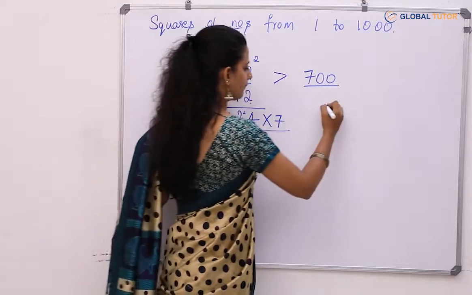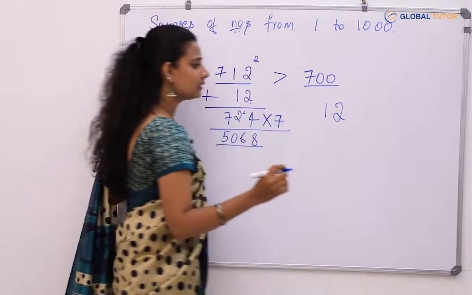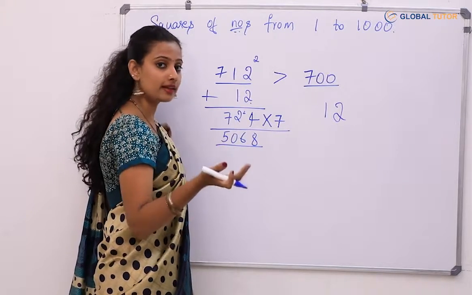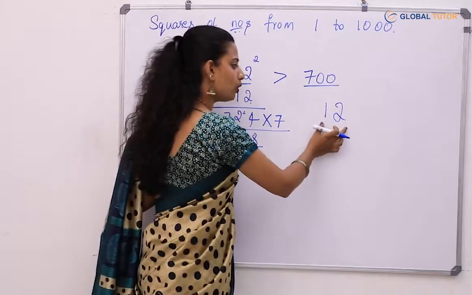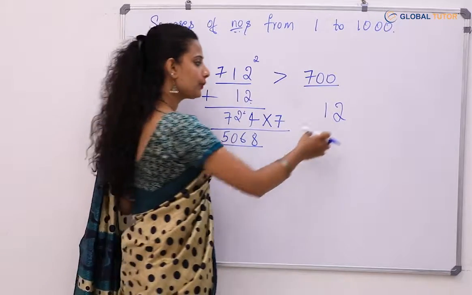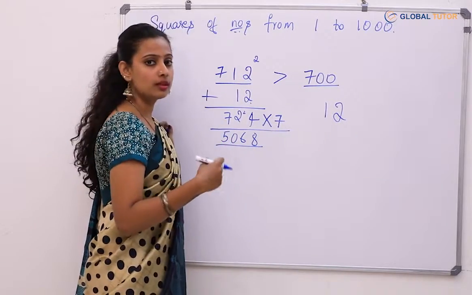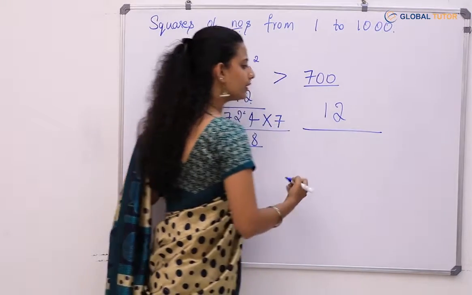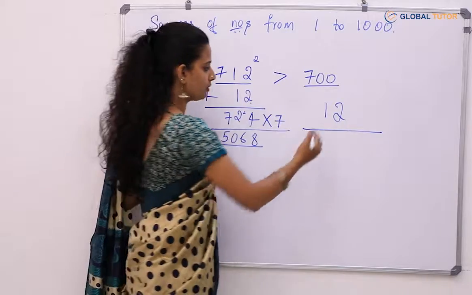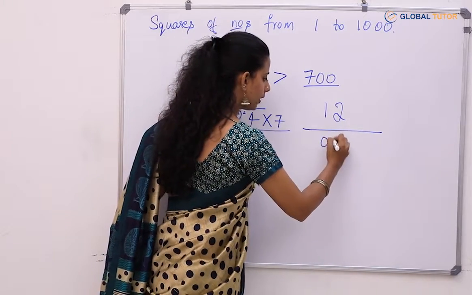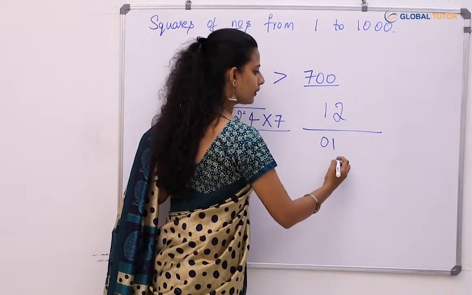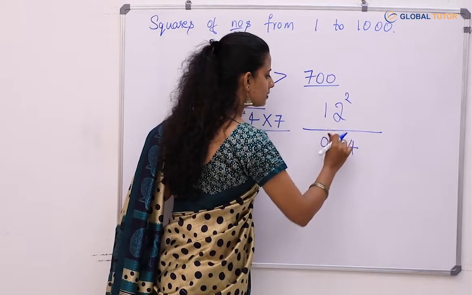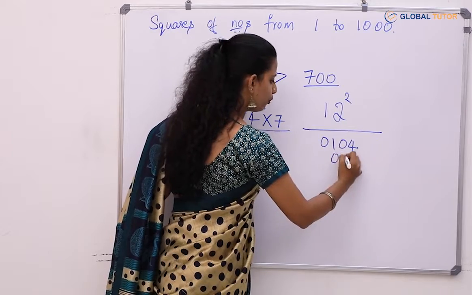This is 12. I had told you in the last part that you practice how to find out the square of a two-digit number. 12 is a very common number, we know. The square of 12 is 144. However, I'll just show you what we learned in the previous episode. 1 square is 1, so you write 01. 2 square is 4, so you write 04. 1 into 2 is 2, 2 into 2 is 4.